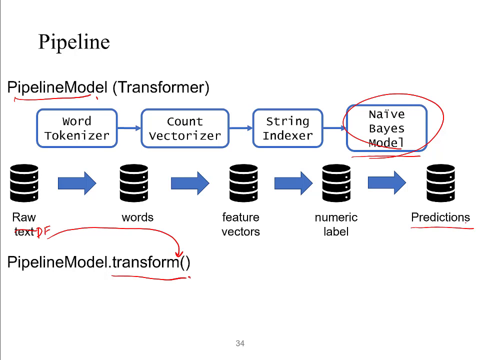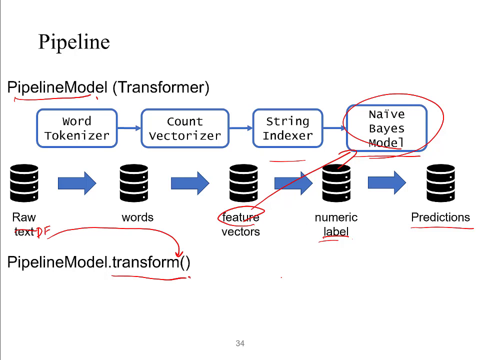But remember, in this step it only needs the feature vectors. It does not need the labels here. So actually, we can put this stage out of this pipeline. Let's say we do it before the pipeline.